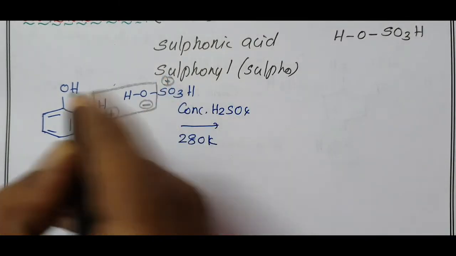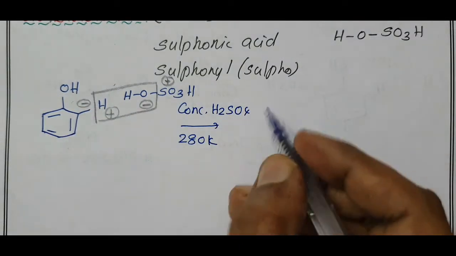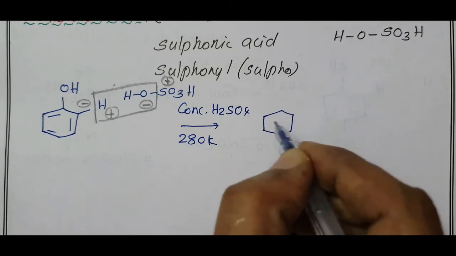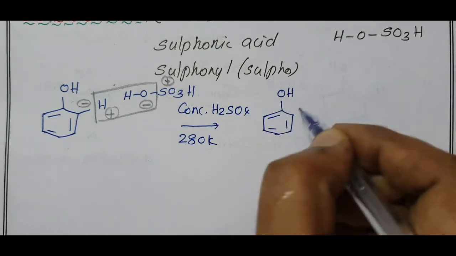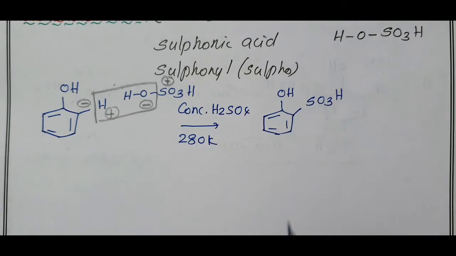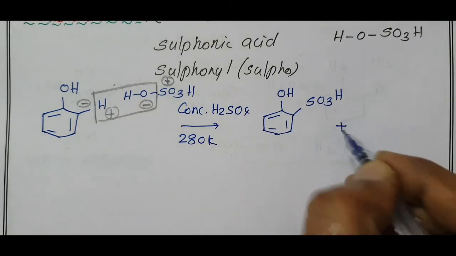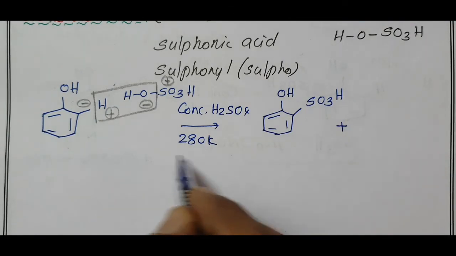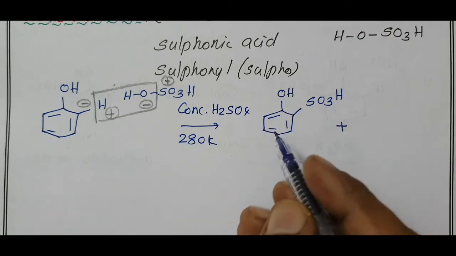SO3H plus is added to this ortho carbon, giving C6H4OH with one SO3H added to the ortho carbon atom. It is the major product. When the reaction is carried out at 280 Kelvin, we will get only the ortho product.